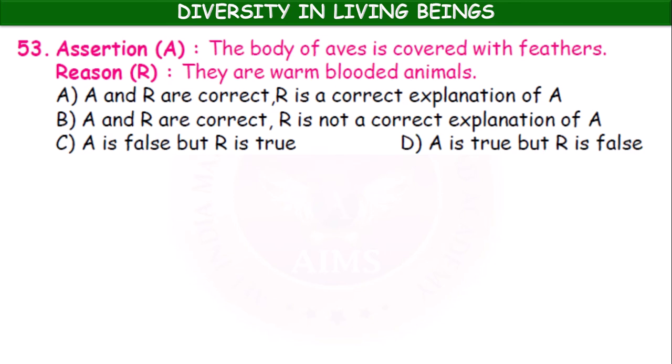Next question. The body of aves is covered with feathers. Reason: they are warm-blooded animals. Here assertion and reason are correct only, but reason is not explaining correctly the assertion.